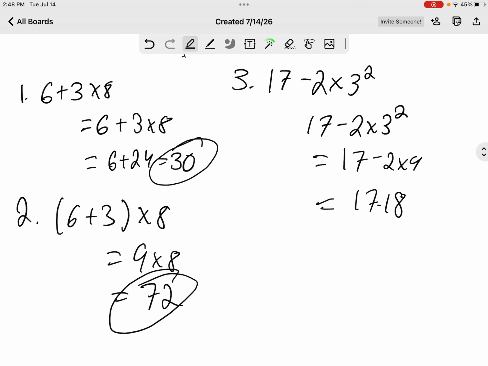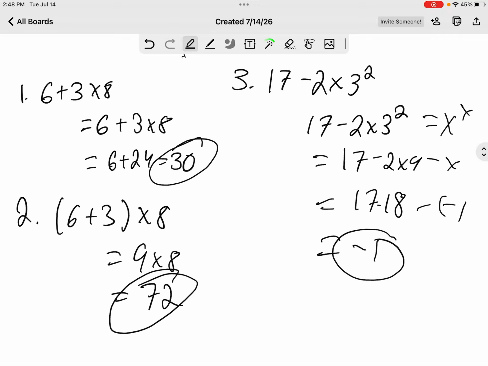So, we did the multiplication here, and we did the exponents in here. Now we're doing the subtraction. So 17 minus 18 equals -1. That's the answer for number 3.